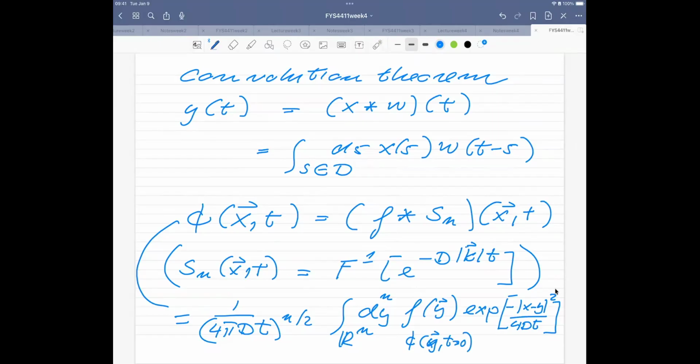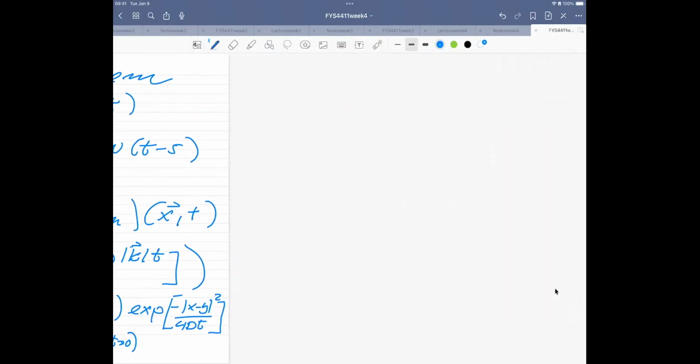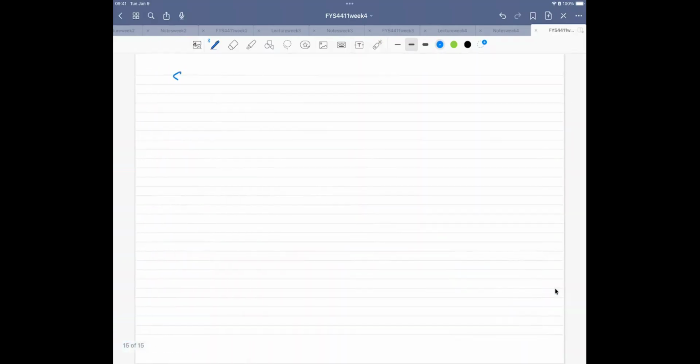Suppose that we have f of x in generic. This is the function at t equals 0. But this is just given by some value alpha divided by pi.